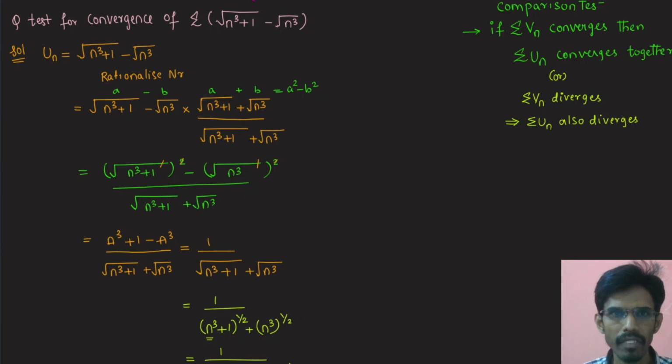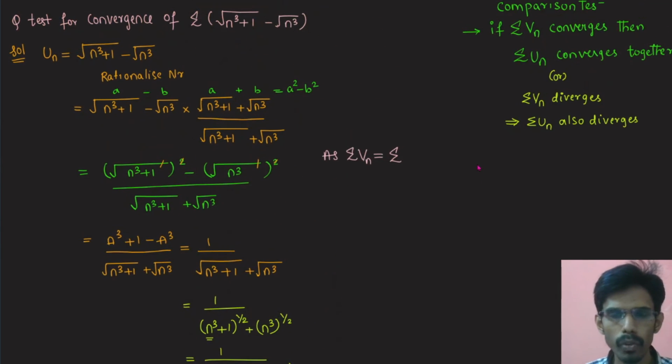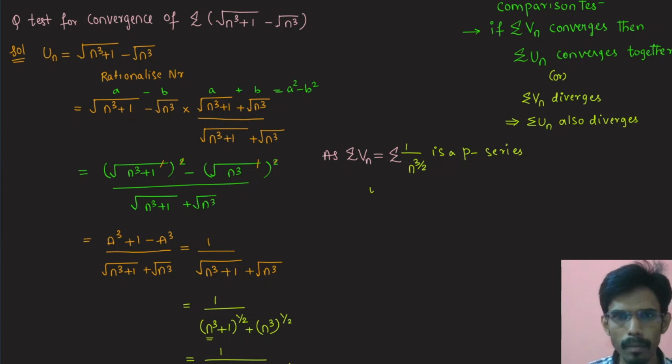Now we say that if sigma Vn is the auxiliary series, we took this Vn as 1 by n power 3 by 2. 1 by n power of 3 by 2 is an auxiliary p series with p value 3 by 2, that is greater than 1.